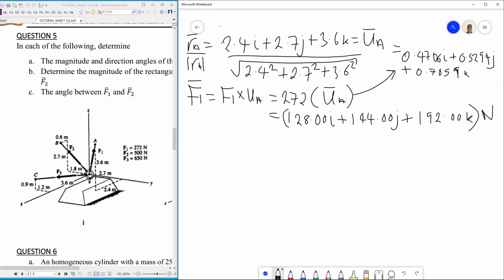All right. So we've done that for F1. We need to do the same for F2.